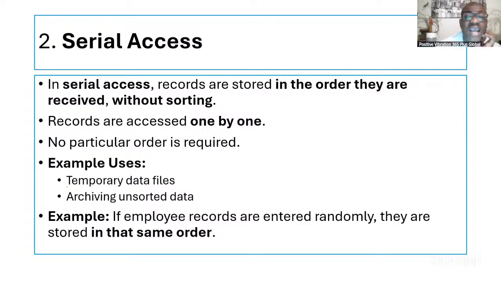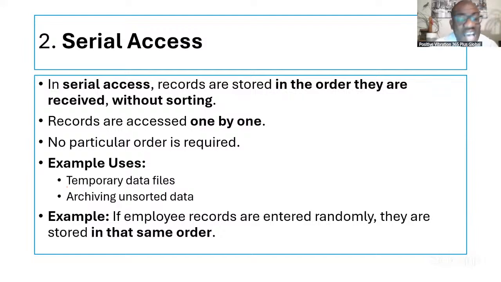So records are accessed one by one, and no particular order is required, right? So it could be a system where the last file that is entered into the system is the file that is accessed first. We call it last in, first out, right?